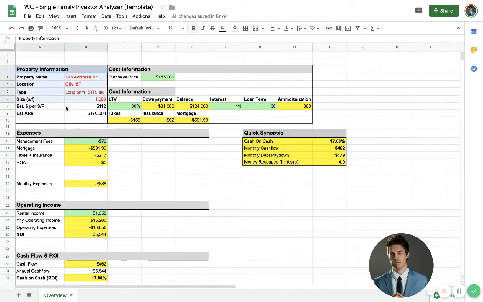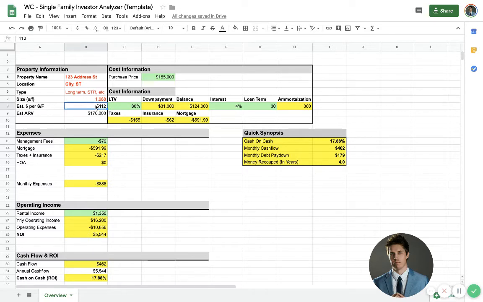So obviously the property information, relatively self-explanatory. It's the property name, the location, the type, size in square foot, and then the estimated comps for the dollar per square foot. This is really important to know because we basically go into a market or we buy a piece of property. We've done comps on probably a dozen comparable houses in that area.